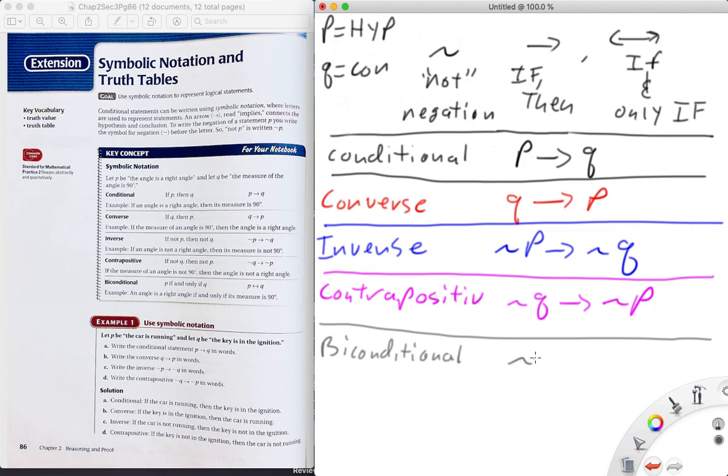Biconditional is P if and only if Q. And that's the double arrow, P if and only if Q.